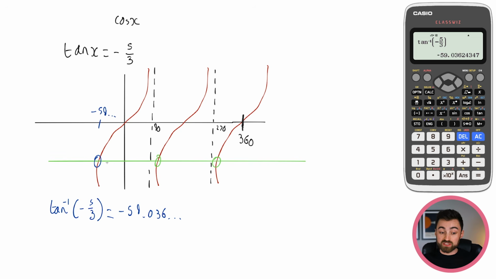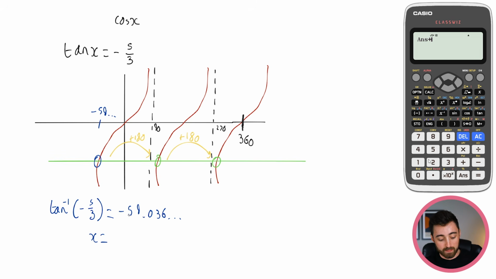But I can at least use this and then the symmetries of the tan graph to get the solutions that I actually care about. Each one of these chunks is 180 degrees wide. So to get from one chunk to the other, I just jump multiples of 180 from wherever I want to go, which is quite nice, isn't it? So all I would need to do here is I would go boom, plus 180 to get that, and then boom, plus 180 again to get that. So not too bad at all. So all I do here is just say the x values that I care about, and then I'm going to do ans to keep all of the accuracy.